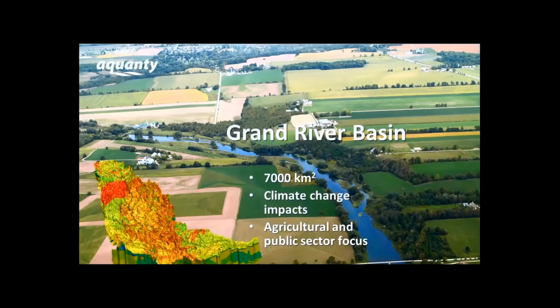And because the basin is home to over 1 million people, many of whom rely on groundwater as their principal water resource, as well as a strong agricultural base, there's kind of a mixed use demand on water resources within the basin. So the simulations we looked at have both an agriculture as well as a public sector or a municipal focus.